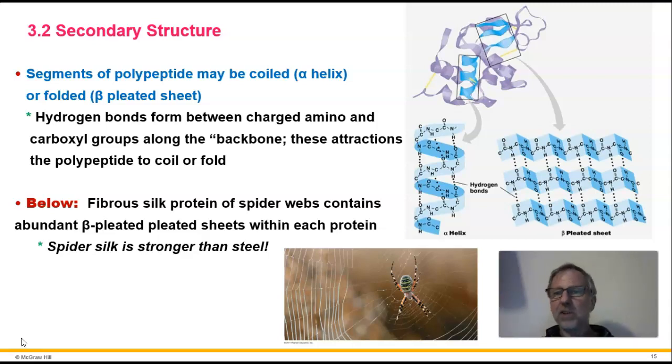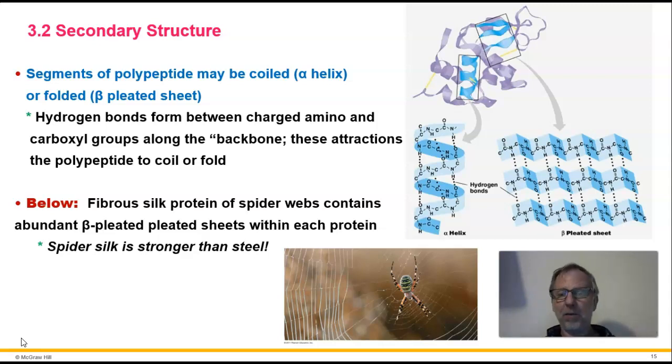And notice, like from chapter 2, those little dots drawn in between those different parts of the polypeptide. What do the dots represent? Hydrogen bonds. Hydrogen bonds are helping to hold the coils and the folds in place.